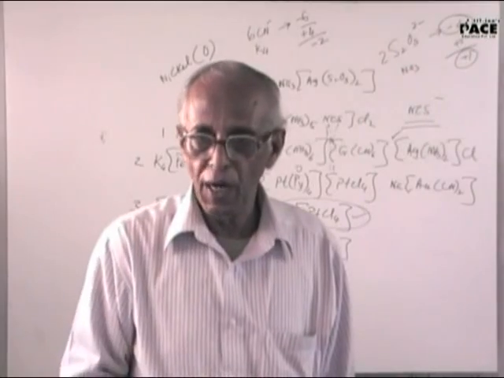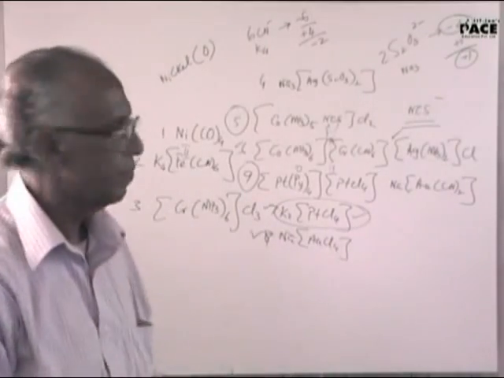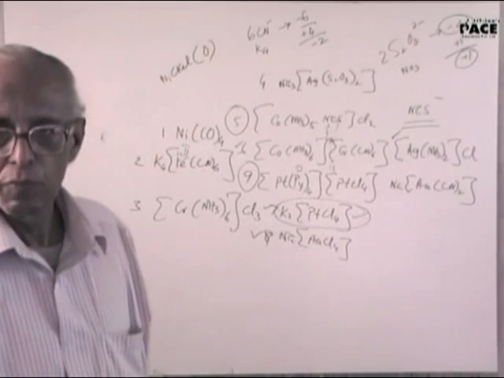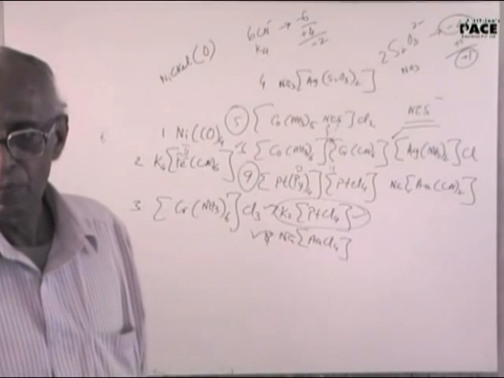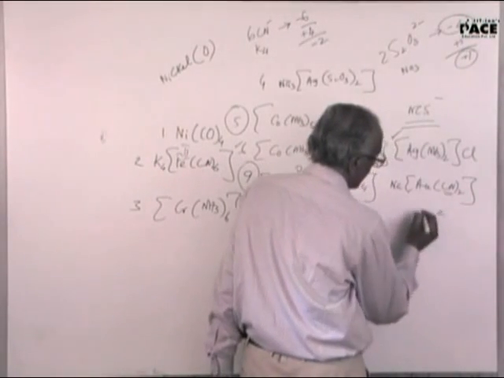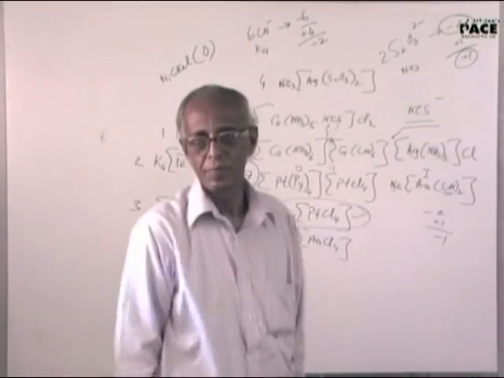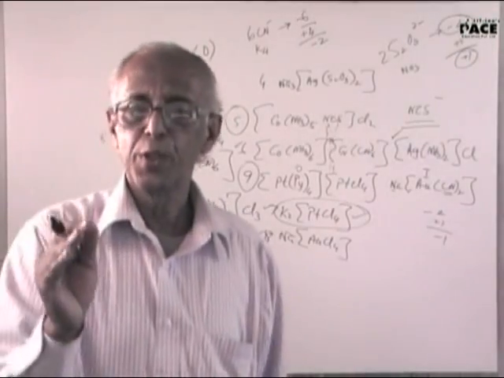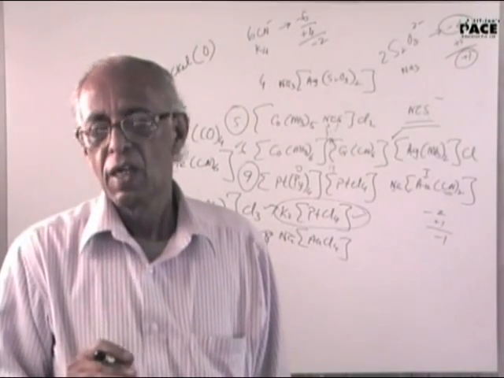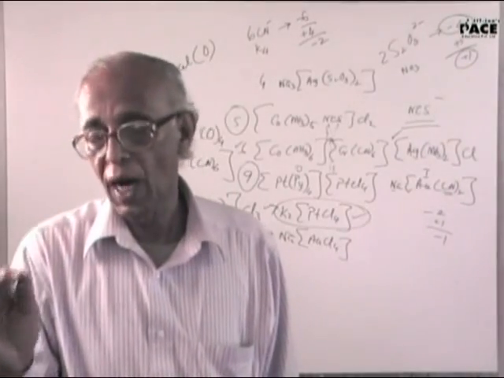Diammine silver 1 chloride. Okay? Next. Sodium. You have to identify correctly the oxidation state of the metal ion. Sodium dicyanoargentate 1.